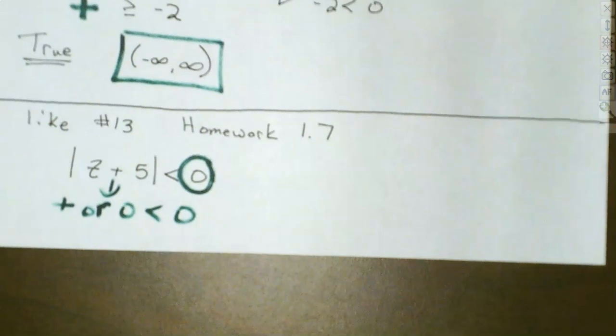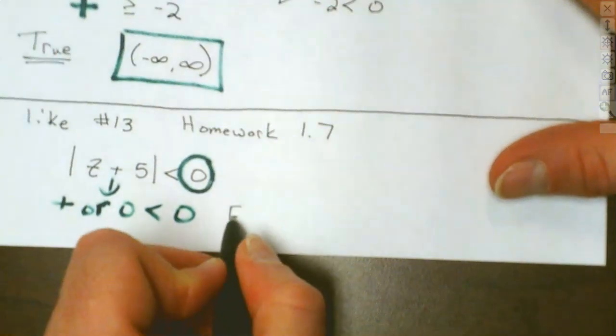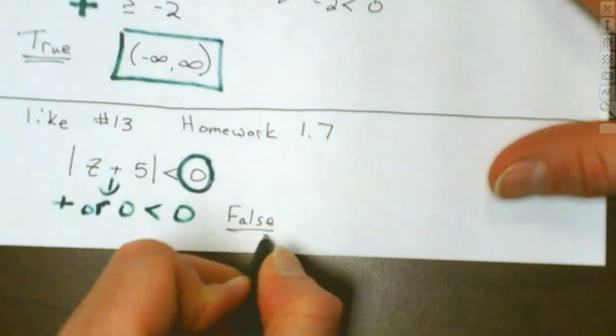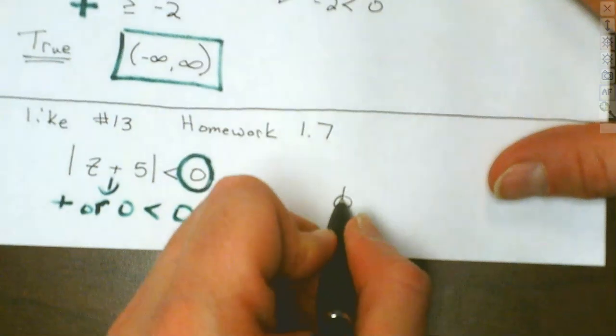Okay, so this is saying that positive numbers or 0 are always going to be smaller than 0. Are positive numbers or 0 smaller than 0? Is that true or is that false? Positive numbers are not less than 0, so that would make that then what? False, right? Because these are going to be larger. So that's false. So what would your solution be?